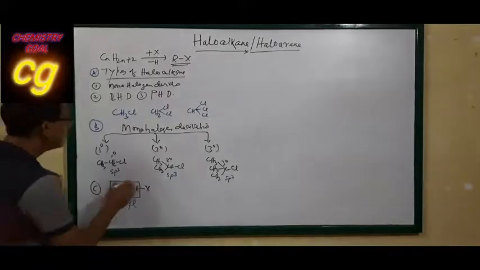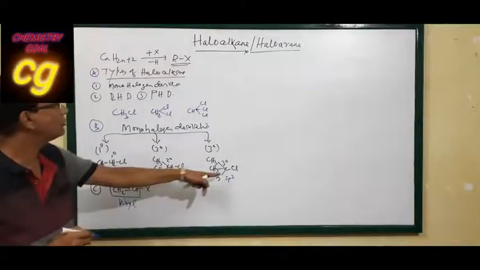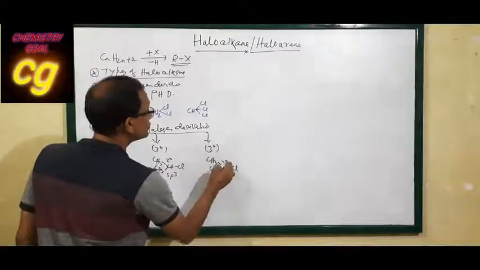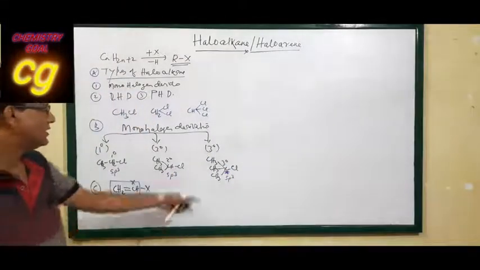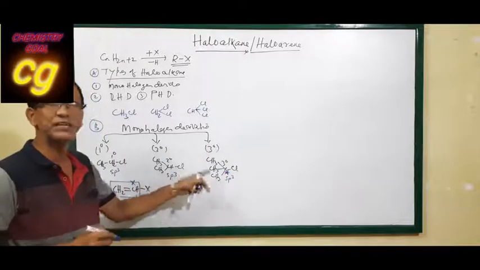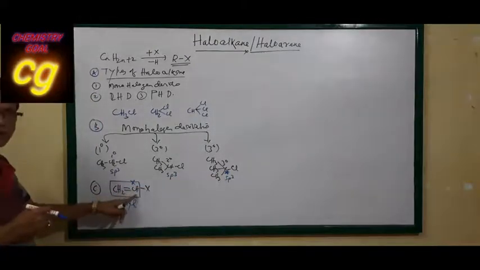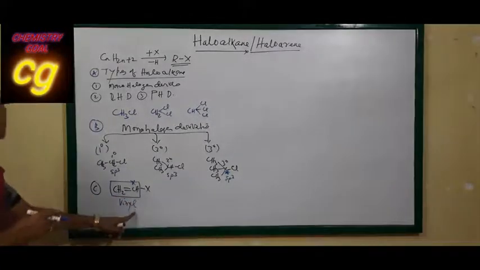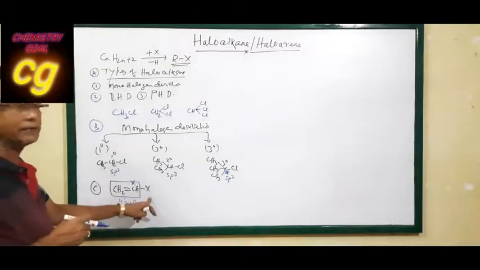This carbon is called the vinylic carbon, and this carbon we can say is alkyl. This one also is called alkyl. That means it may be primary, secondary, tertiary, but this carbon is sp3 hybridized. But this carbon, the vinylic carbon, this is called the vinylic position, and the compound is a vinyl halide.